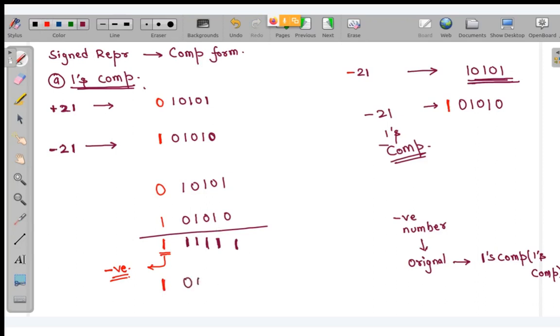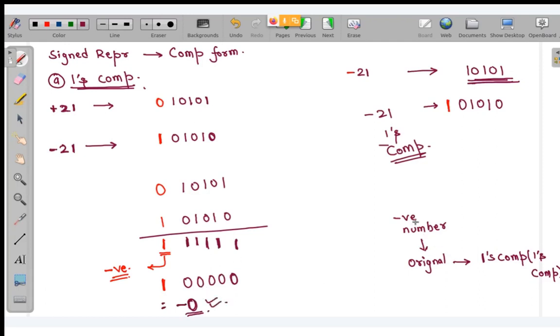So this will be 0, 0, 0, 0, 0. And this is your minus 0 in 1's complement. We will see why this is minus 0 in 1's complement. But now we are getting the correct result.